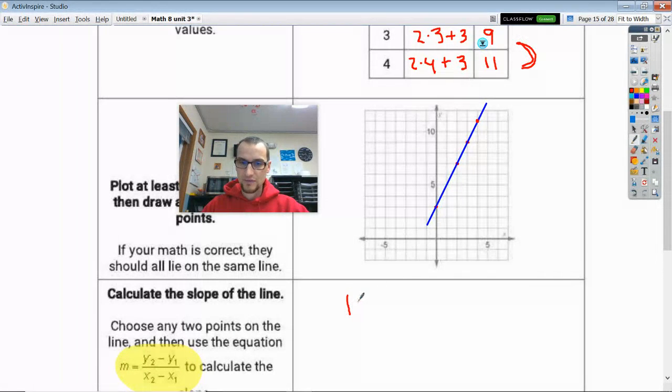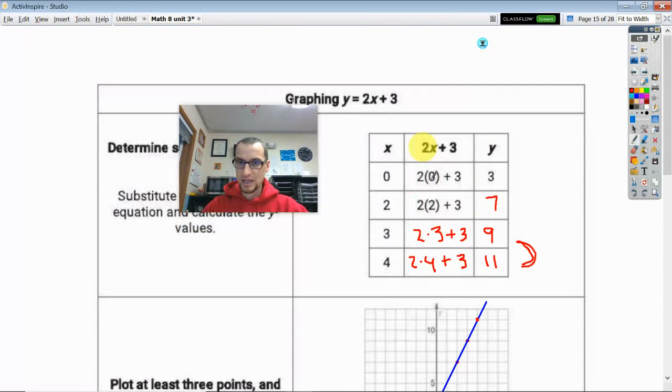So 11 is my y2, and 9 is my y1. When y equals 11, x equals 4, and then when y equals 9, x equals 3. So that's going to be 2 over 1, or the slope is 2. And that's the same information as we had in our initial function.